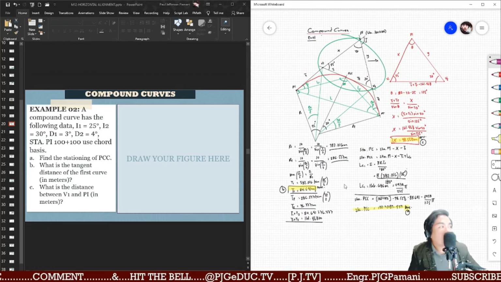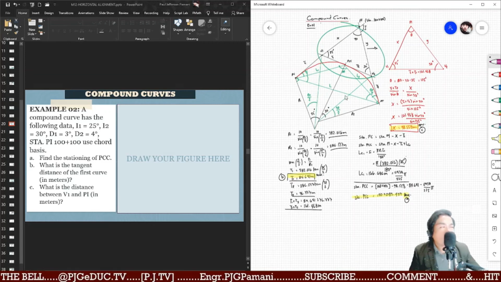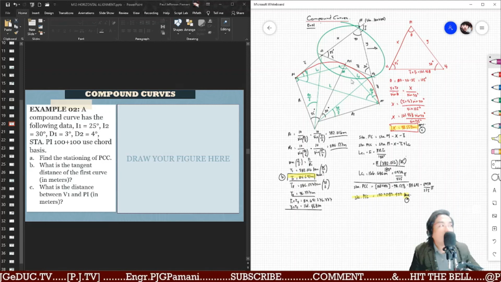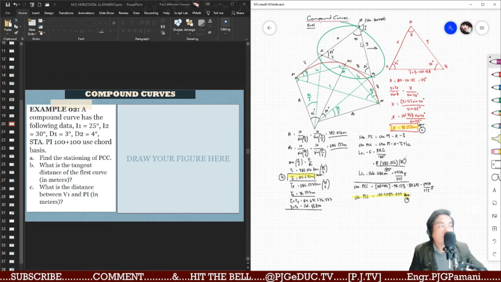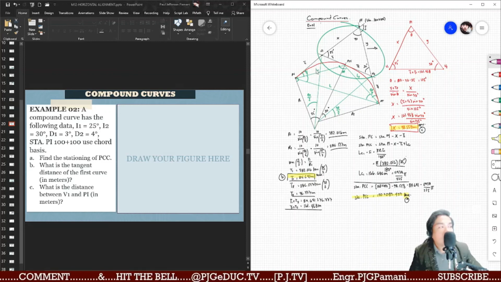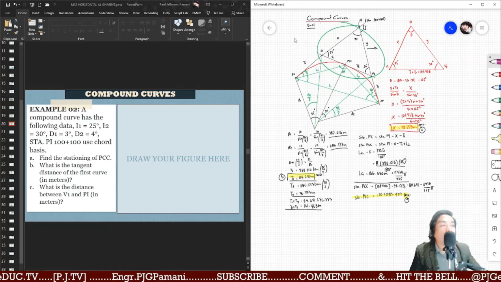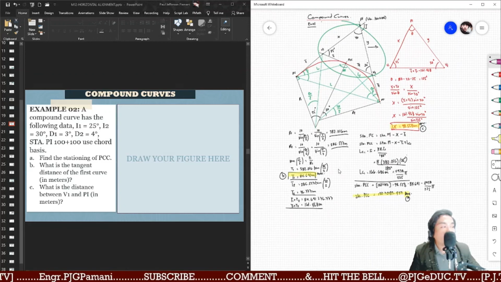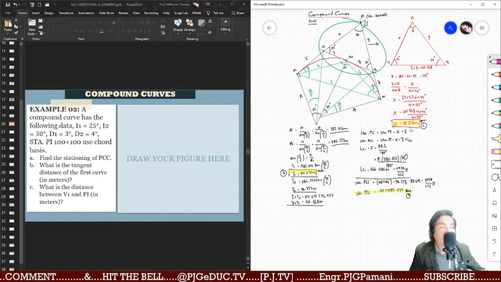Basically, direct substitution lang. Problema nyo na lang dyan kung hindi nyo kaya talagang i-drawing yung figure, mahirapan talaga kayong mag-identify ng triangles. Alamin kung nasaan yung arc of the first curve, yung vertex 1, yung X, yung long chord. Hindi nyo talaga masosolve yung problem. You cannot derive the triangle from your figures.